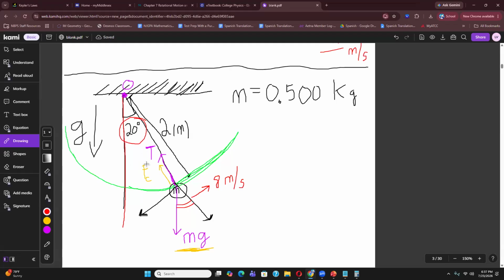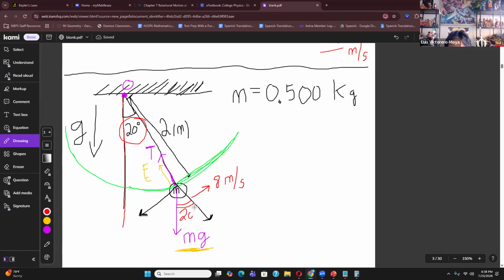Yeah, parallel lines. These are corresponding angles. You have seen this in the past. You can tell me what is the tangential component of the weight and the radial component of the weight. What will be the radial component of the weight?